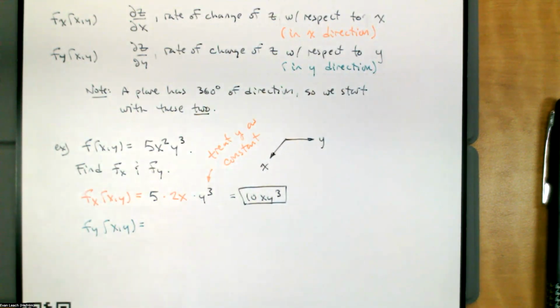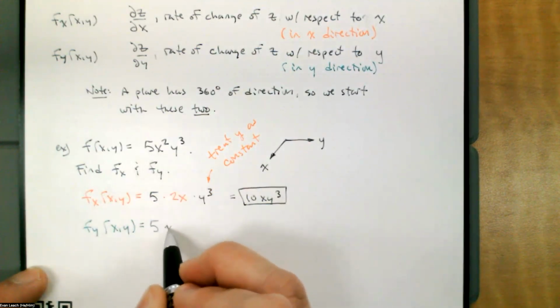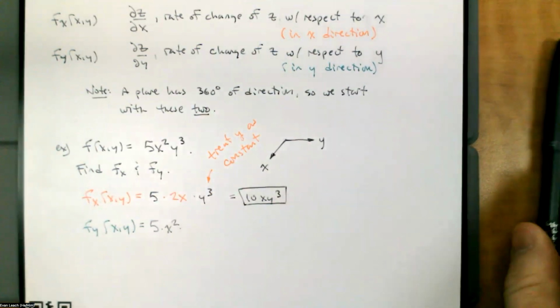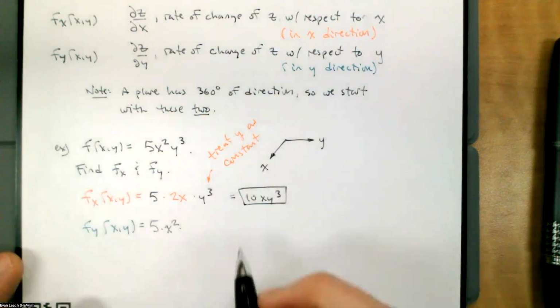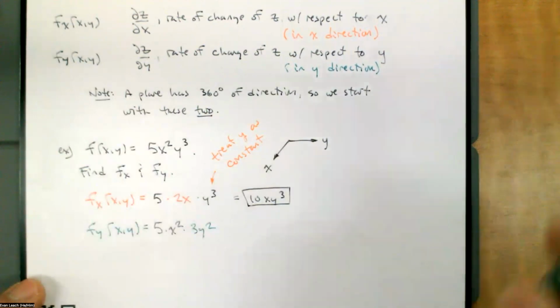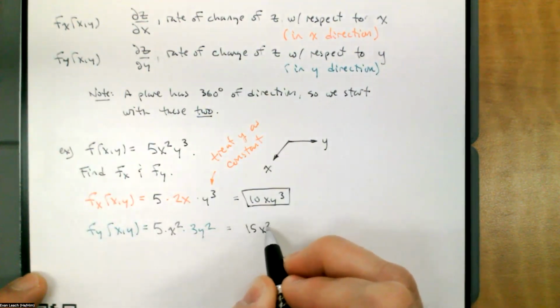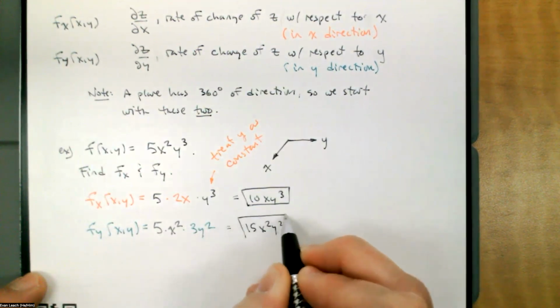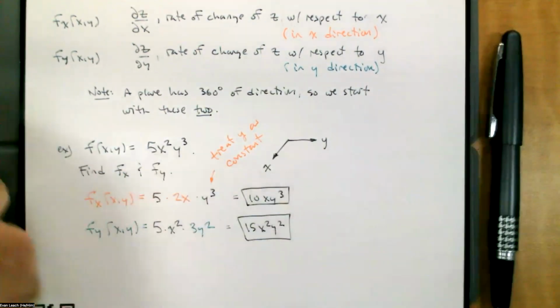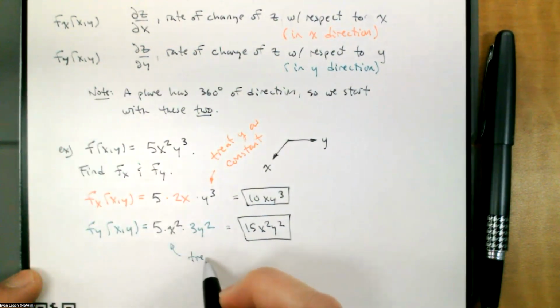For the derivative with respect to y, we'll do the same thing, but with x. 5 is a constant. x squared is constant. What's the derivative of y cubed with respect to y? 3y squared. So overall, we'll have 15x squared y squared. So we treat x as constant.